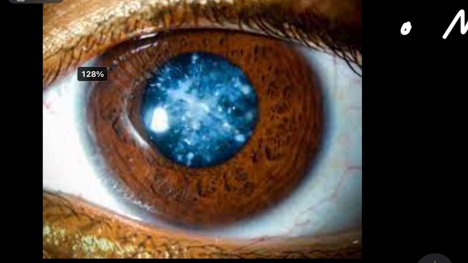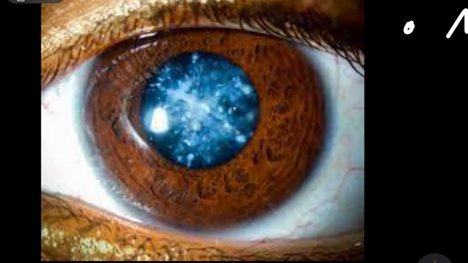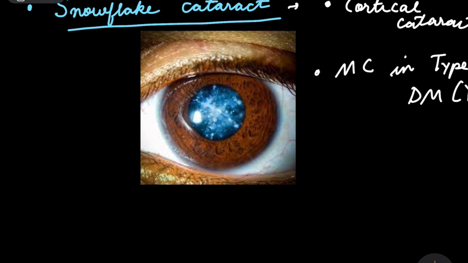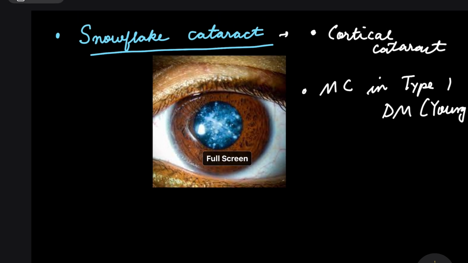If you look at it carefully, you will see that there are different white opacifications scattered all around the lens, all around the center of the eye, and it looks as if there has been snowfall. They look like snowflakes. That is why this cataract is called snowflake cataract. So this is the type of cataract that diabetes mellitus causes. Done? Done.